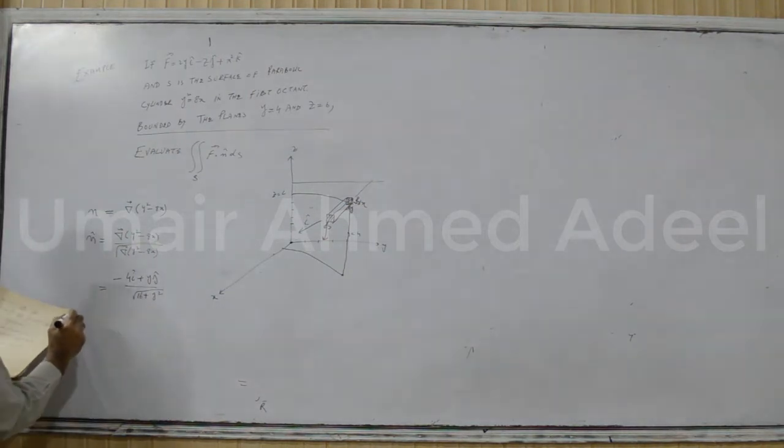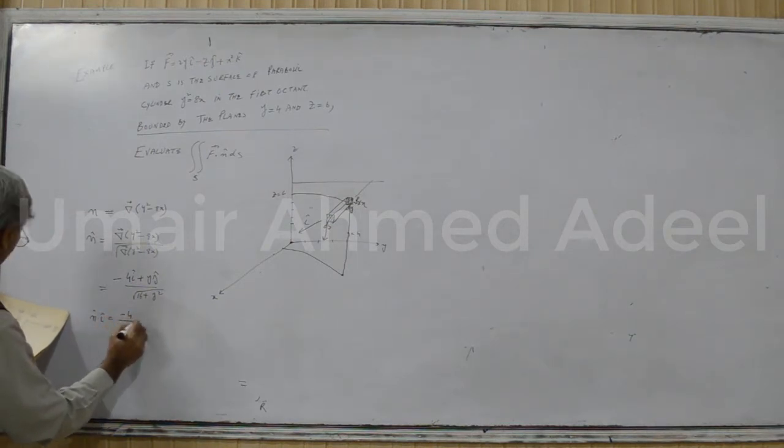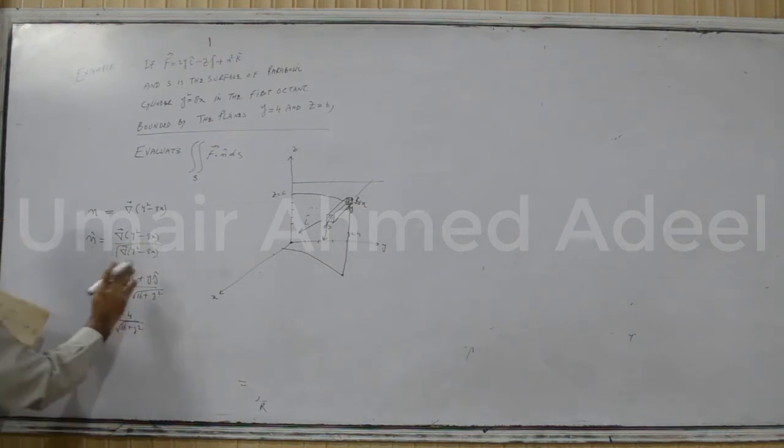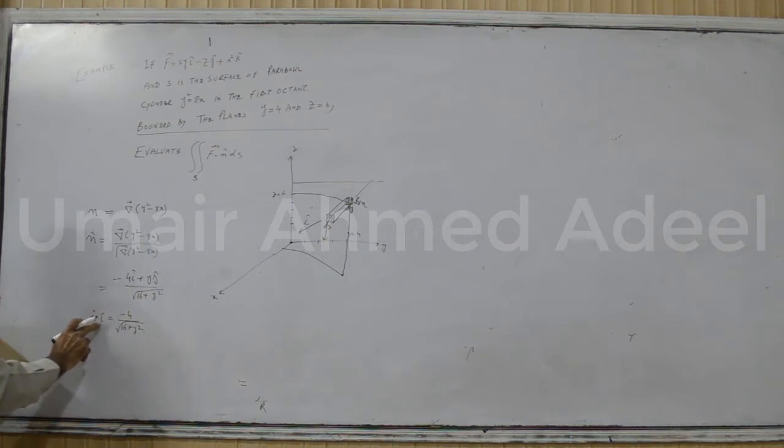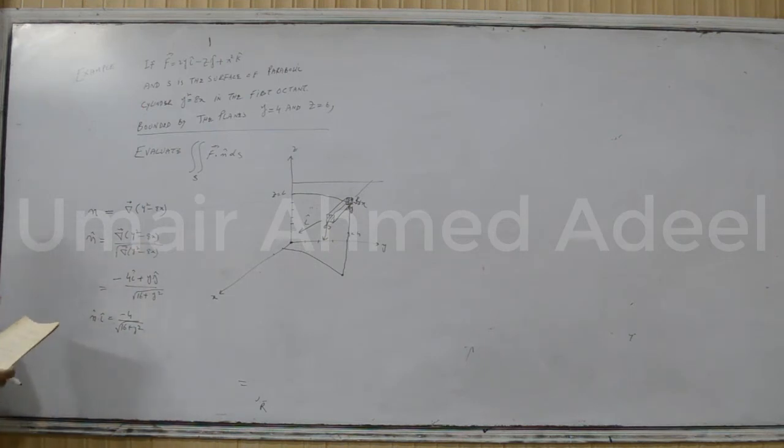So n dot i is equal to minus 4 over the square root of 16 plus y square. Again, this multiplication I have left to you, because i dot i is 1, i dot j is 0, so it is minus 4 of that. It is very easy to see.